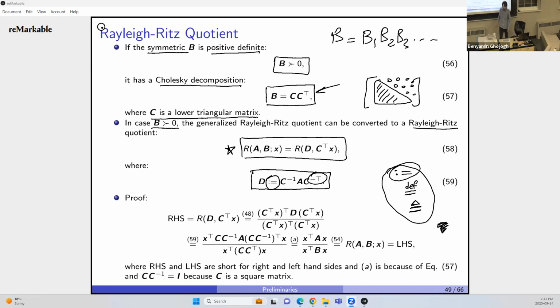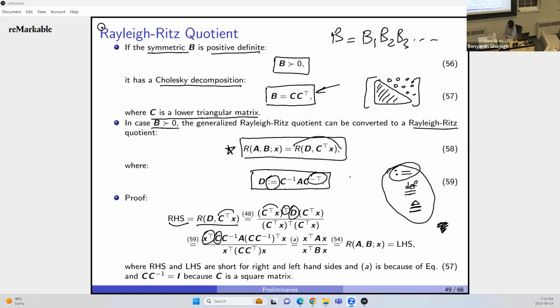So D is defined as this: C inverse A, C inverse transpose. Now let's see the right-hand side, which is this. We start from this according to equation 48, which was the definition of the generalized Rayleigh-Ritz quotient. Let's put C transpose X here. We know that transpose reverses the order, so I'll have X transpose C. What is D?